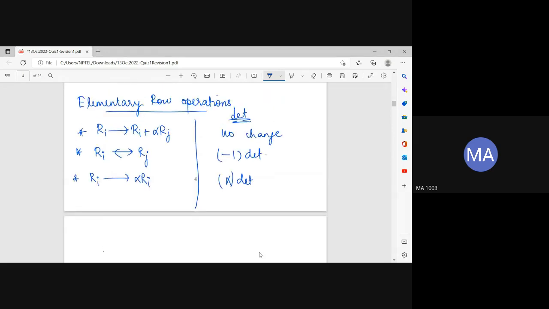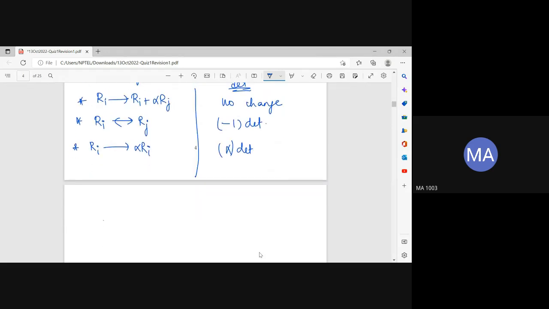That is why the determinant of alpha A is alpha to the power n times the determinant of A, since I am replacing every row of the matrix with alpha times that row.